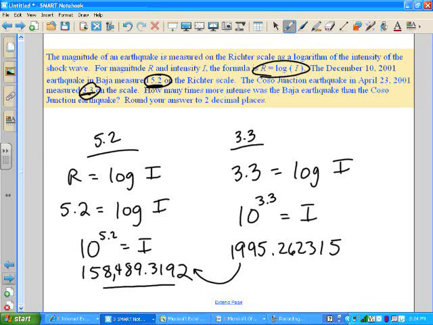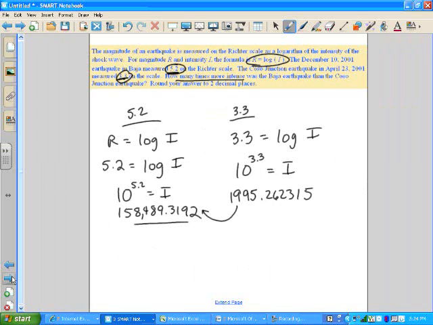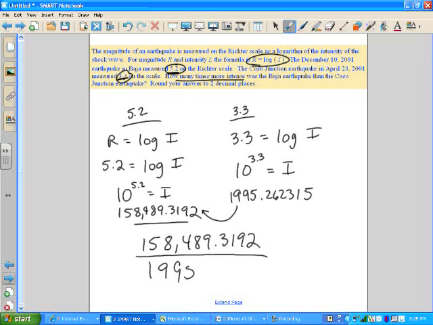Now, to figure out, again, how many times more intense, all I have to do is take this value here and then divide it by this value. All right, so now this one's stored in my calculator.